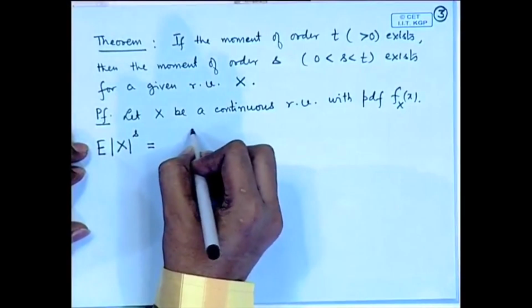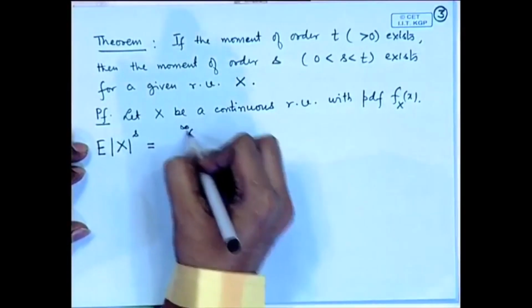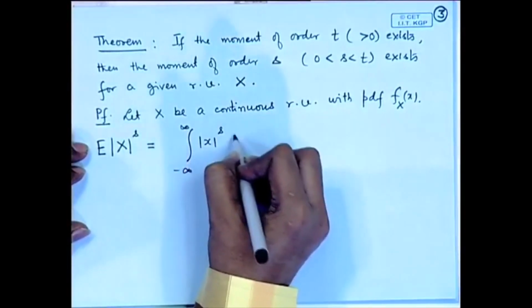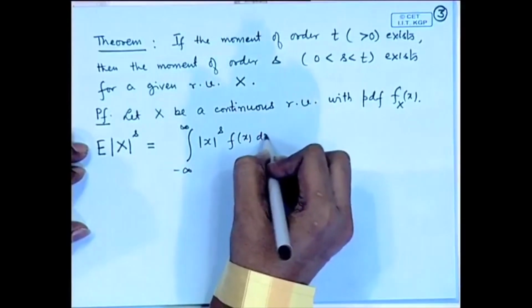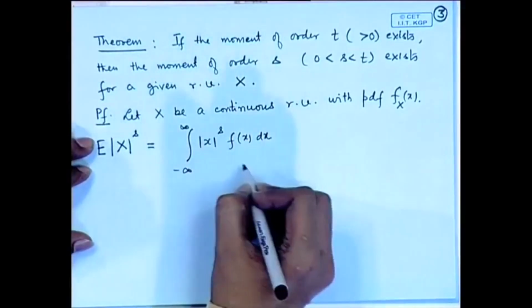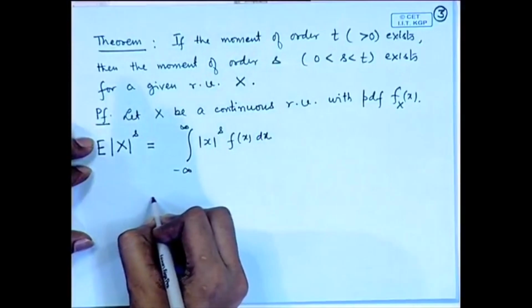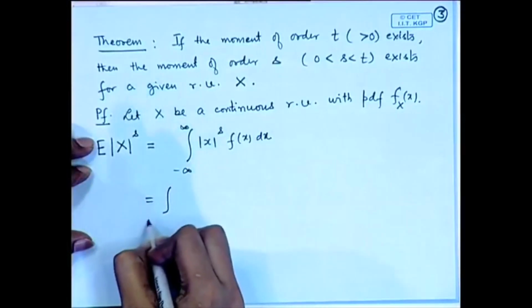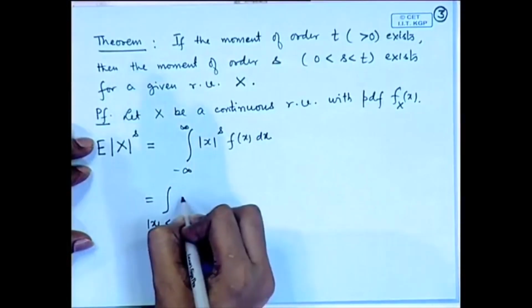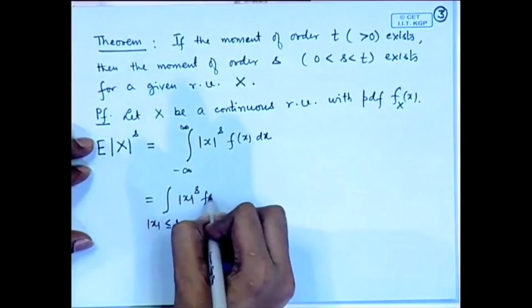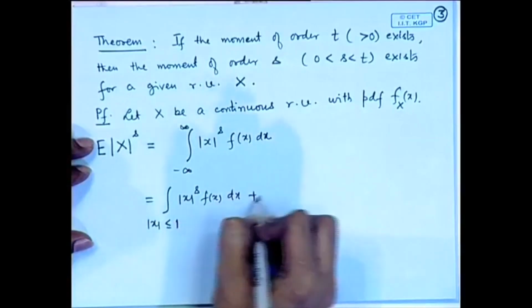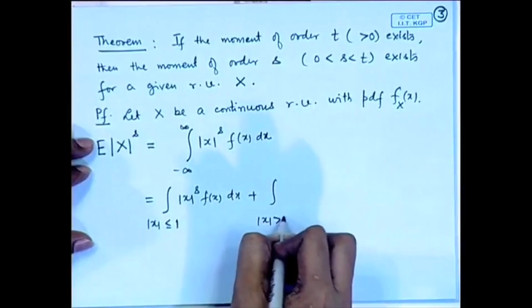This is equal to the integral from minus infinity to infinity of modulus x to the power s f(x) dx. This one we split into two regions, modulus x less than or equal to 1 and modulus x greater than 1.